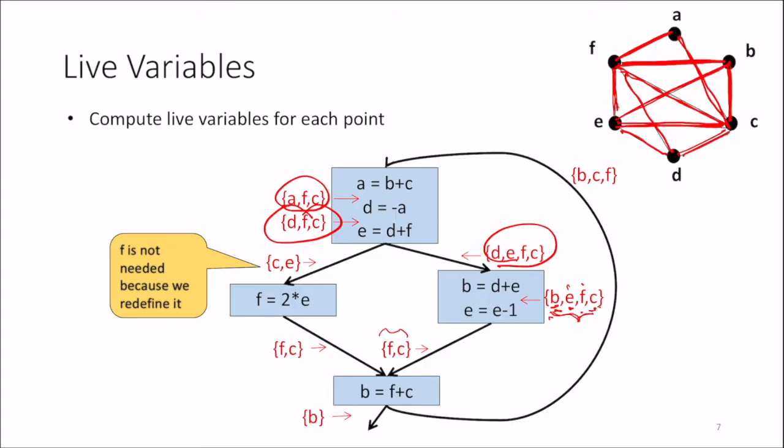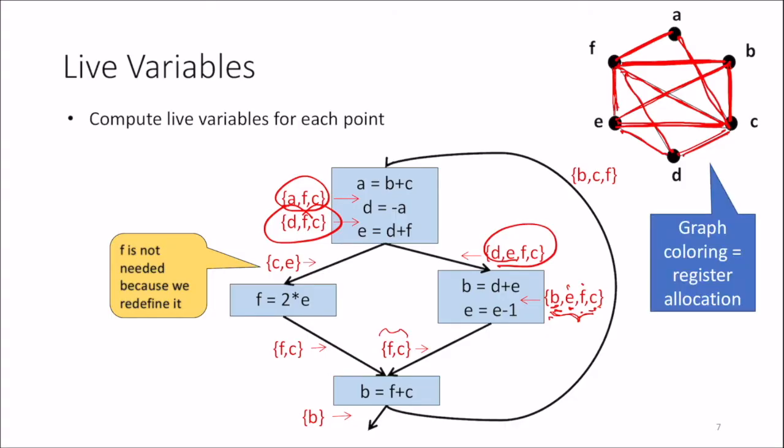And now if you look at this graph, it's pretty obvious what the connection to graph coloring is, because if I have an edge between A and C, that means that A is connected to C via an edge. And if you imagine that each register is assigned some color, then two nodes that are connected by an edge cannot have the same color, right?